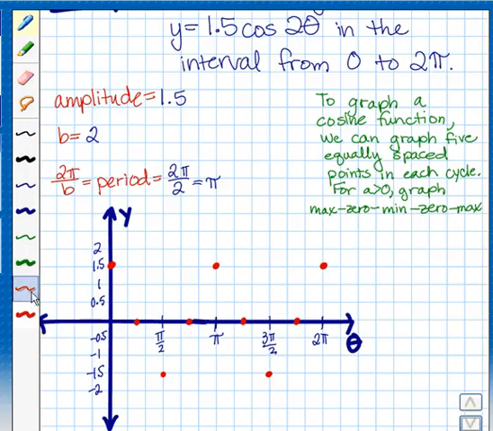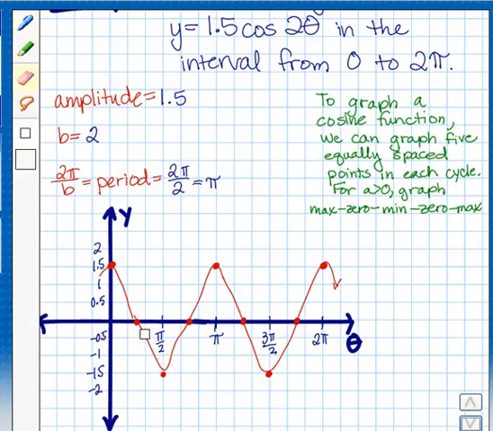So now we can graph our cosine function using these points. Okay, and here I kind of missed the point somehow. I don't know how I did that. The whole point of connecting the dots is to actually connect the dots. Okay. So there we go.